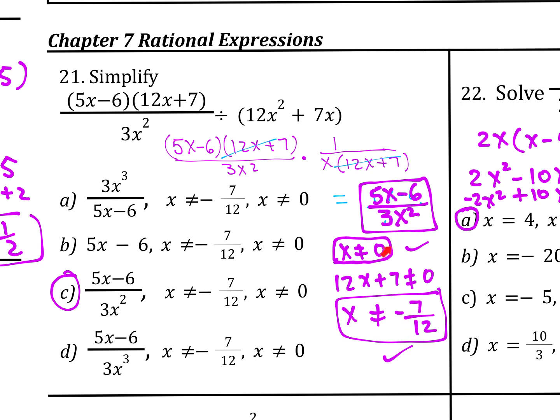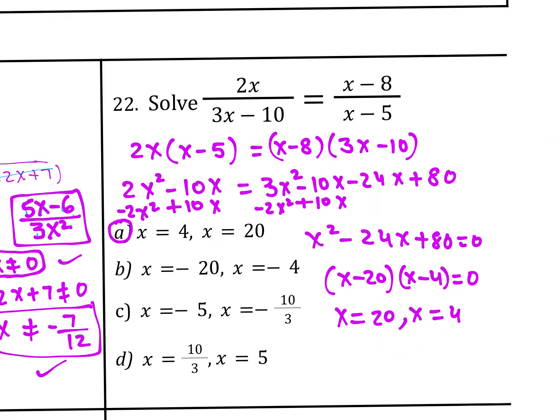Because if x is equal to 0, it will make the denominator 0, which is undefined. Or if it is negative 7 over 12, it will make the denominator 0 for this expression, which will again be undefined.